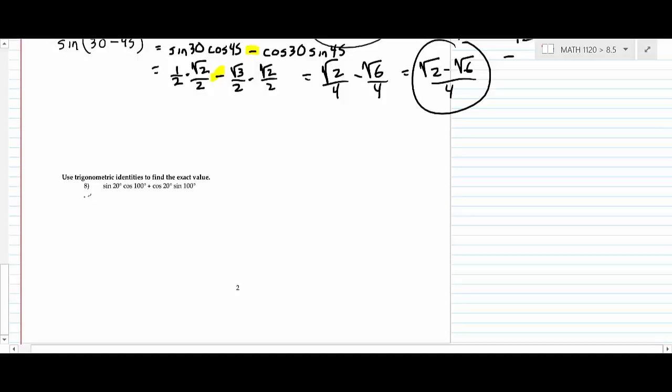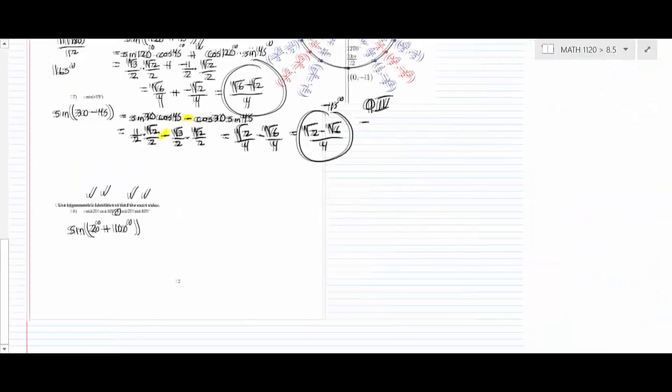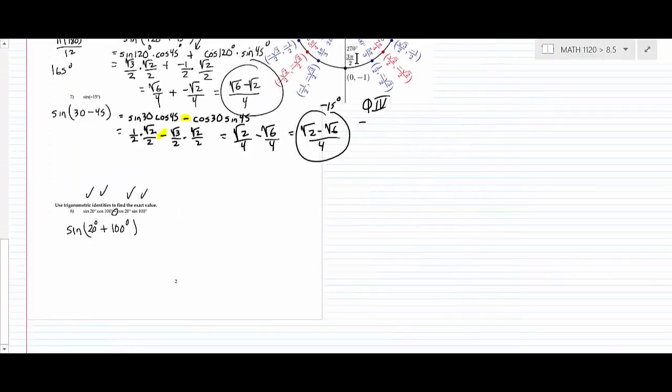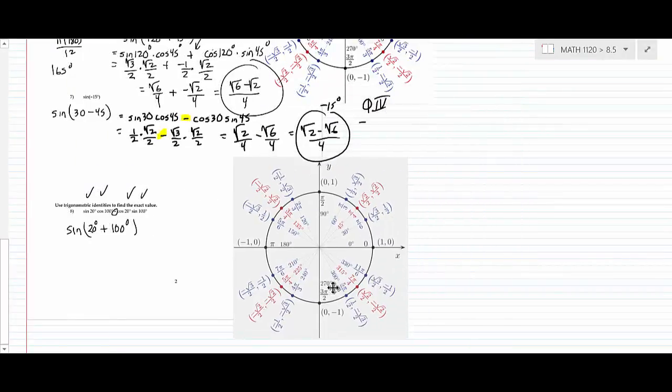So what you're going to do is put it together into the left side of the identity, okay? Because it has the structure. It's sine, cosine, cosine, sine, same sign. Okay, so you're doing the sine of 20 degrees plus 100 degrees, okay? I see that from students all the time. That's a good way to check if students really understand how the identity works.